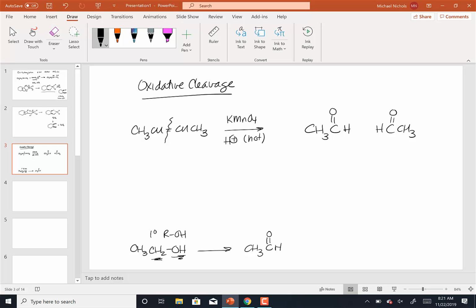That aldehyde can be further oxidized up to a carboxylic acid. And that oxidation is the addition of an oxygen. So we'll talk about this more next semester, but we have the sequence of primary alcohol to aldehyde to carboxylic acid. And so that's our oxidation scheme.